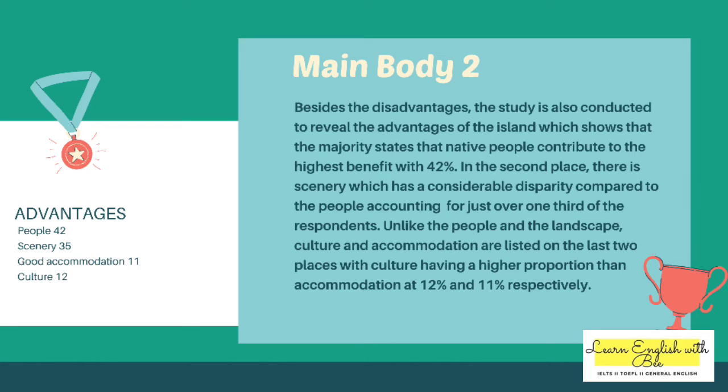unlike the people and the landscape, culture and accommodation are listed on the last two places, with culture having a higher proportion than accommodation at 12% and 11% respectively.